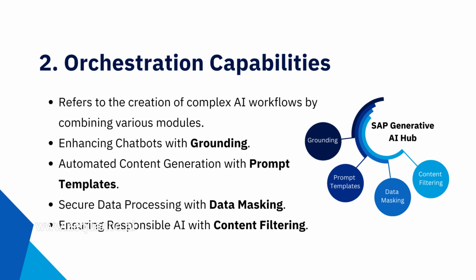This module can be configured to check for specific types of content, such as hate speech, profanity, or discriminatory language. By using content filtering, companies can ensure that their AI systems align with ethical standards and do not generate harmful content. The content filter can also be used to curate the output to ensure it is relevant for the business scenarios.